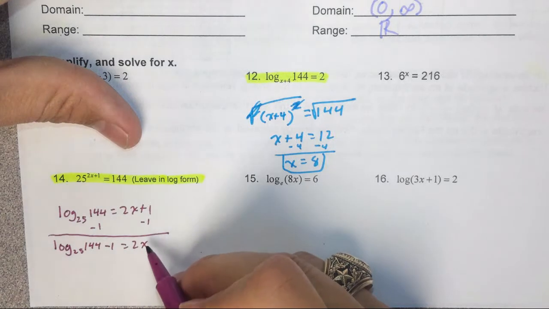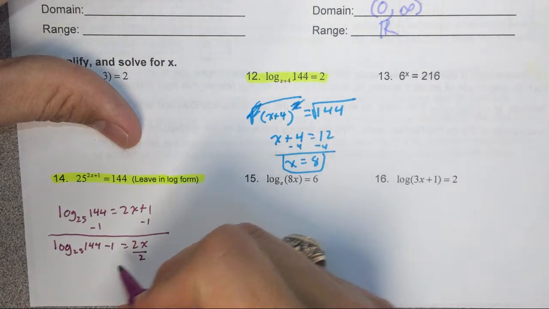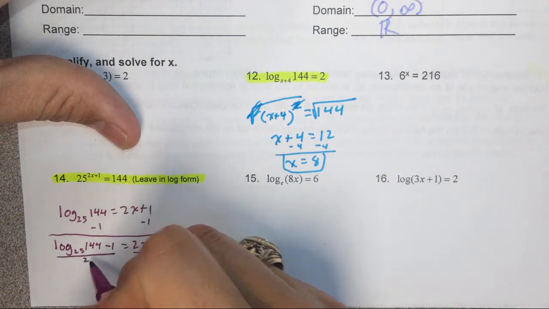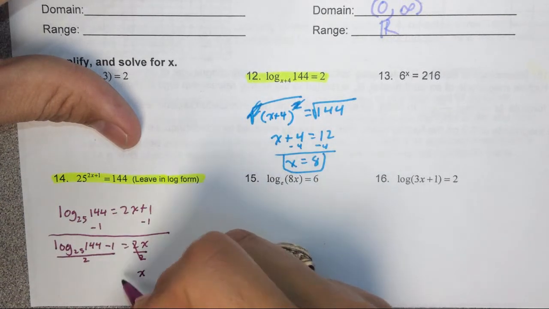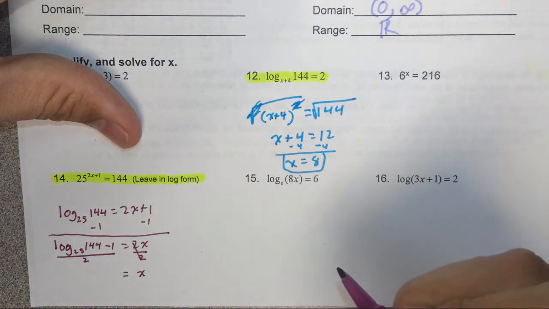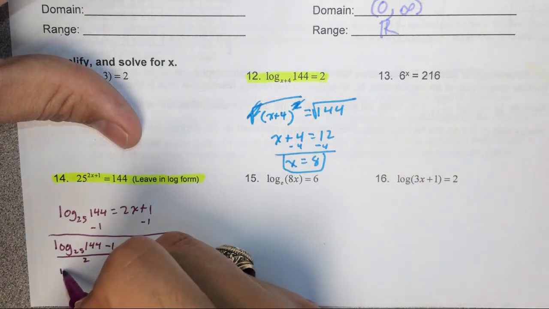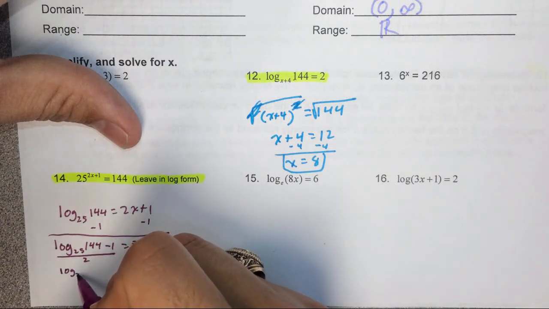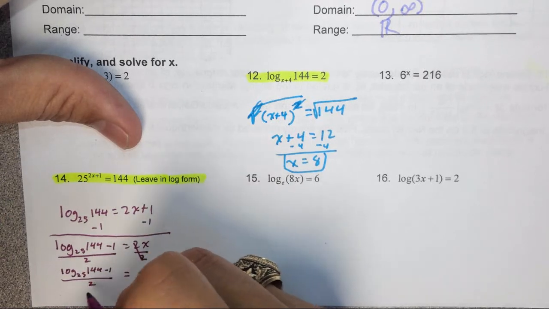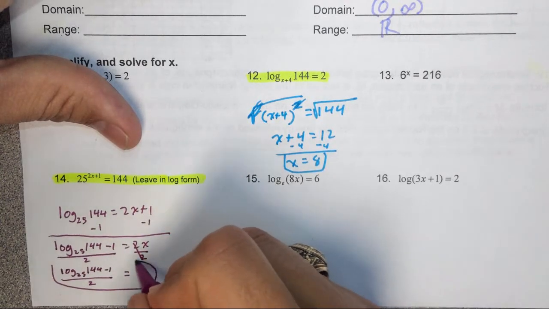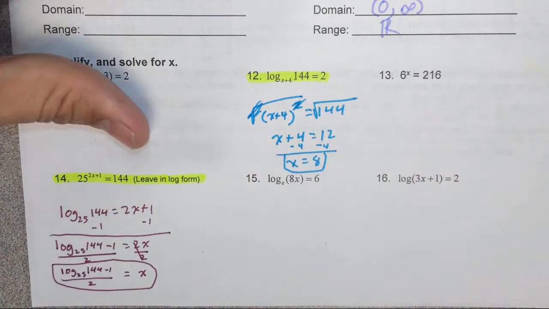Now I got to get rid of this 2. Divide by 2, divide by 2. These 2's will cancel, and I'll be left with x on this side. Then over here, log base 25 of 144 minus 1, over 2. That is my answer, just like that.